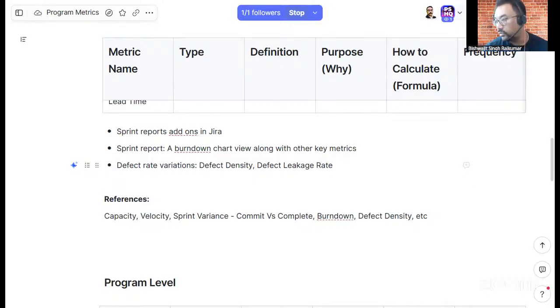Defect percentage rate equals the number of defects found during the sprint, divided by the total user stories or the total user story points delivered, and the whole thing multiplied by 100. This will give the defect rate.